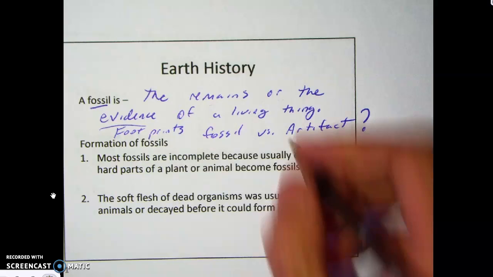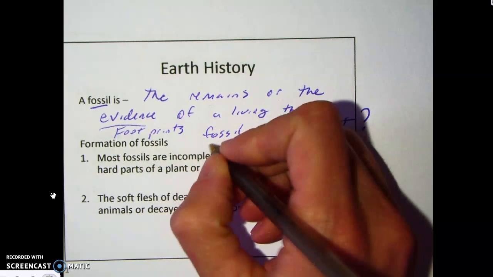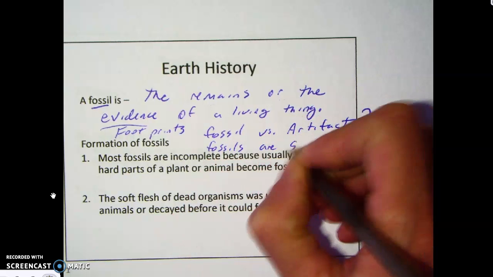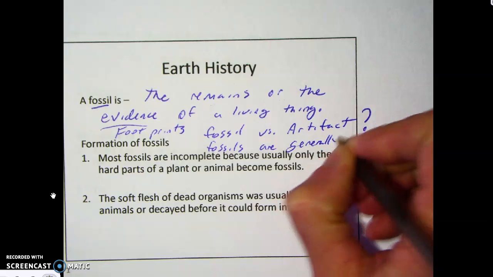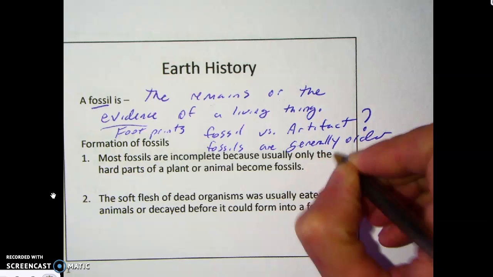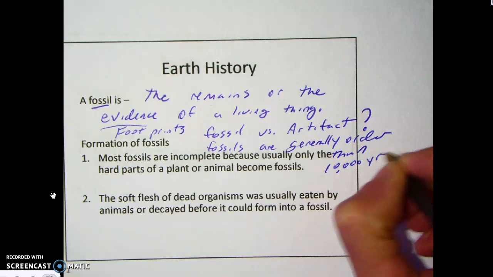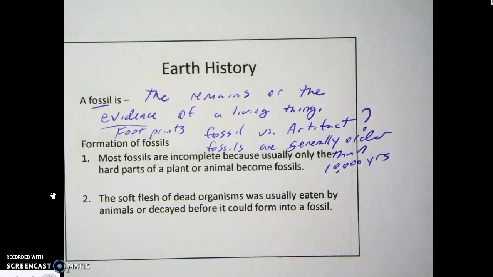So typically we would say that fossils are generally older than 10,000 years. But again, that's a generalization, and we can find lots of exceptions. So things like mummies are less than 10,000 years old. Things like Native American arrowheads and spear points are also less than 10,000 years old, often.